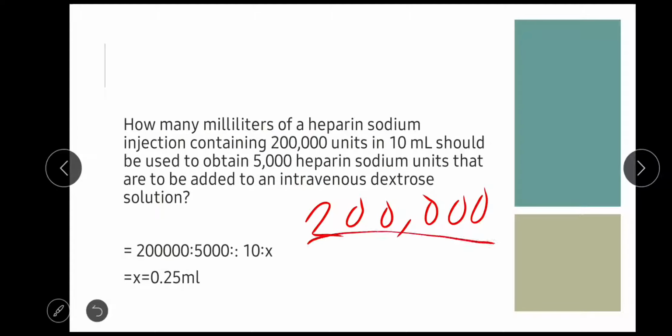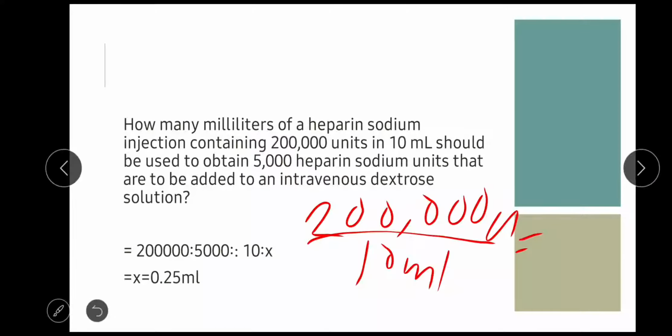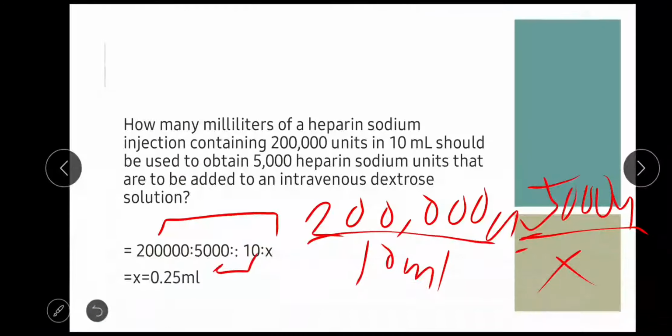We can still use ratio and proportion or dimensional analysis. It's the same: 5,000 times 10, divide by 200,000 to get X. So our answer here is 0.25.